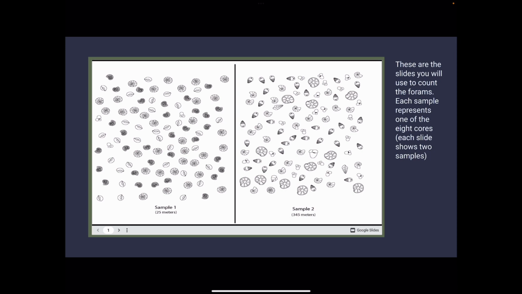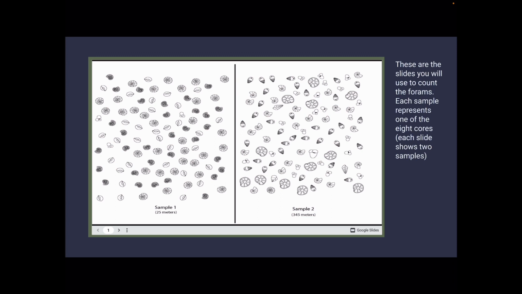So there is a little case about how you are a consultant for an oil company, and you have to analyze 8 different samples that come from cores that have been drilled into the ocean sediment. And the oil company has the record of how deep each core was. For example, sample 1 came from 25 meters deep, sample 2 was 345 meters, and so on.